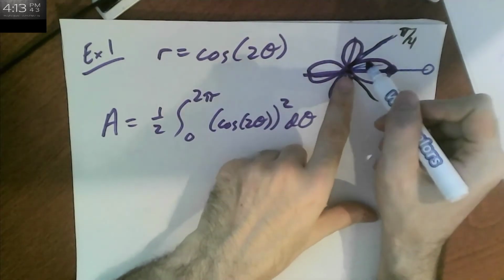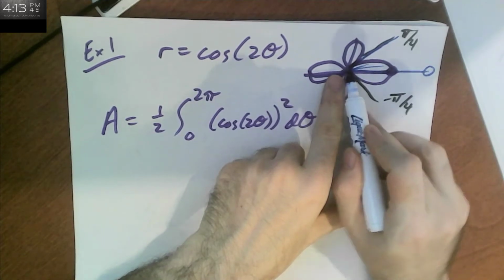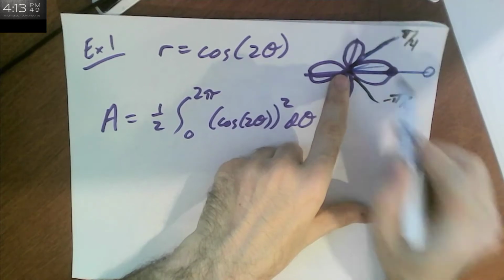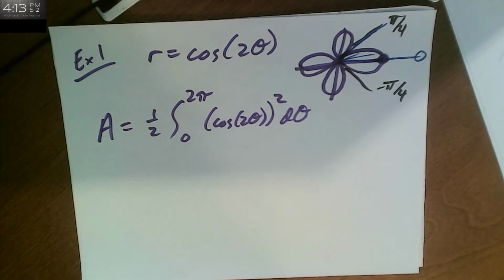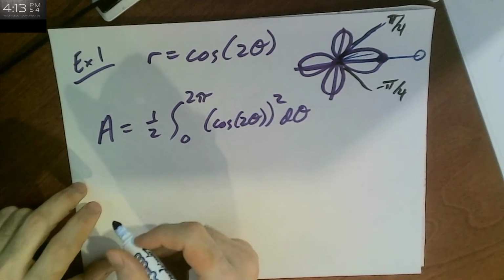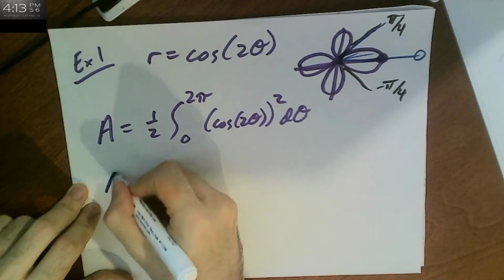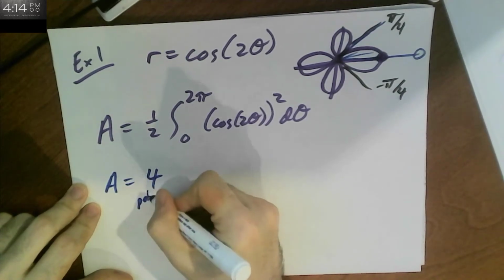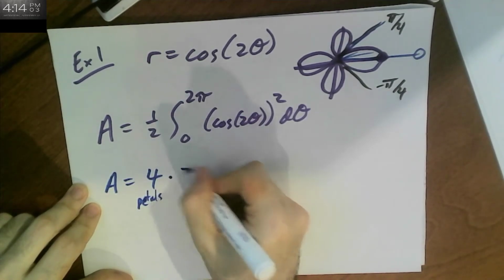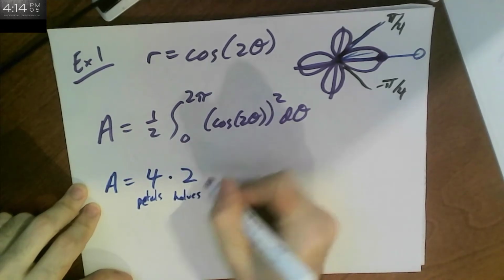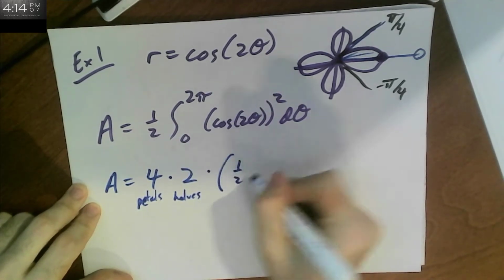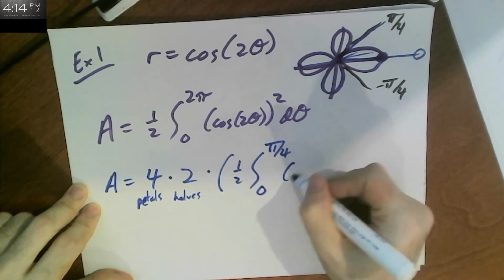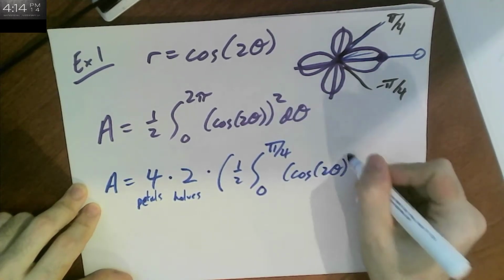Notice, for a given angle, the radius starts at 0 and extends out until, hey, look, I hit the shape, right? So instead of the entire thing, I'm going to say the area of the entire shape is 4 petals times 2 halves times 1/2 of the integral from 0 only up to pi over 4 of cosine of 2 theta quantity squared.